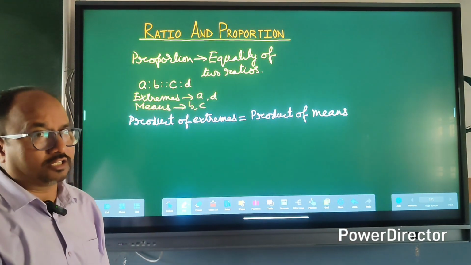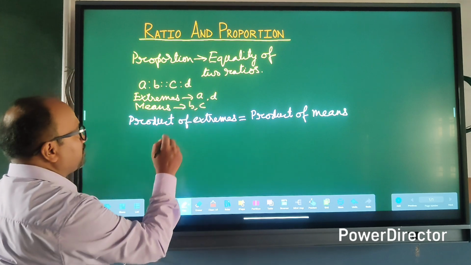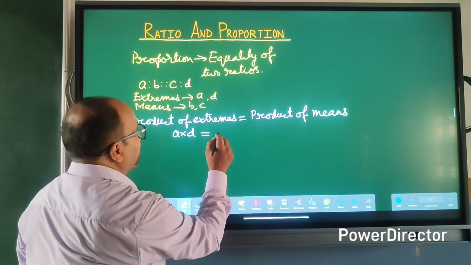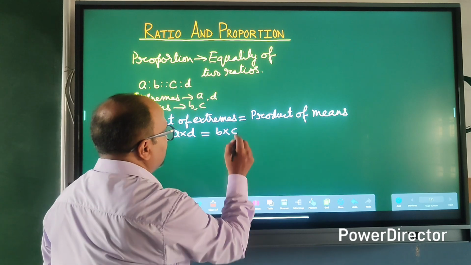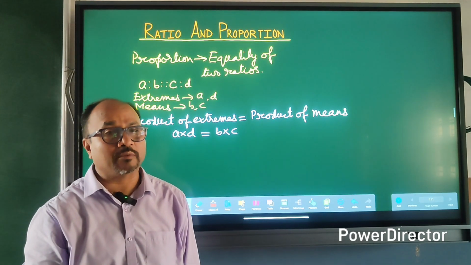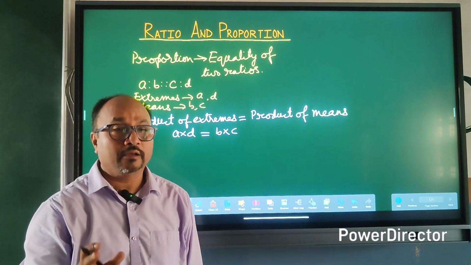Very important relationship. So as I have told you, the product of extremes is A into D and the product of means is B into C. So this will get used a lot of times in the sums which you will be doing.